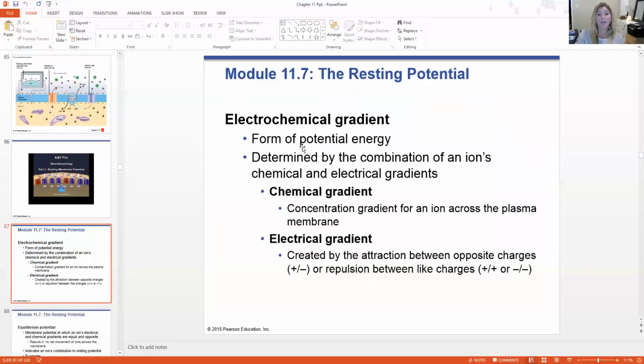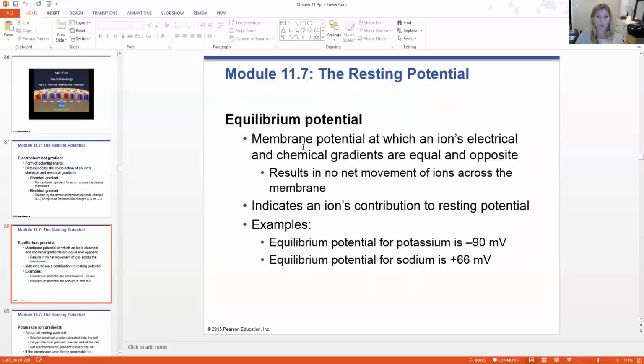So that electrochemical gradient, as I said, is a form of potential energy. It's determined by those ions' concentrations inside and out of the cell. There's a chemical side, which is just the concentration of ions, and then the electrical side, which is the charge distribution. So it's electrochemical. It's both. That equilibrium potential is the membrane potential at which the ions' electrical and chemical gradients are equal and opposite.